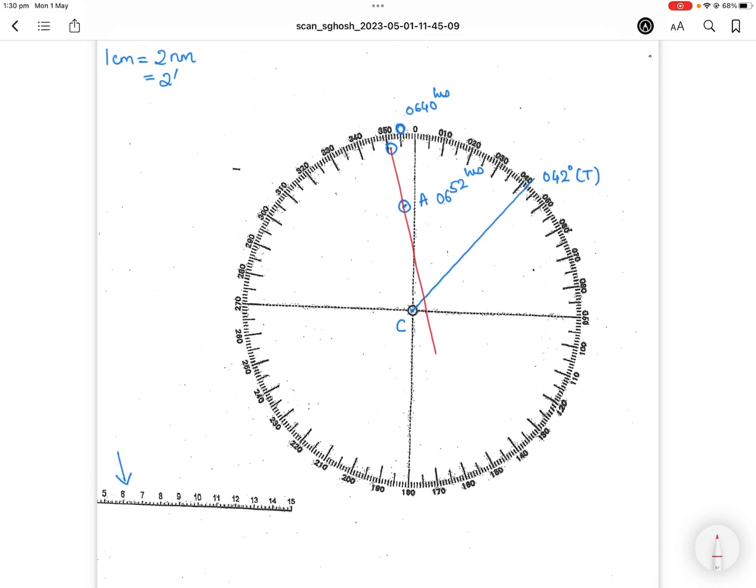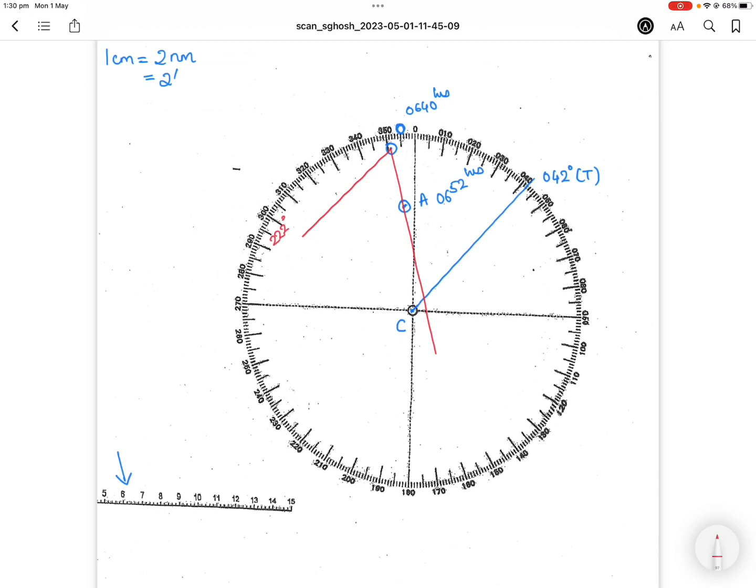So you draw it in the direction of 222, something like this. You can see the direction in which I am going is 222 degrees, which is 180 degrees opposite to 042, the course of my vessel.